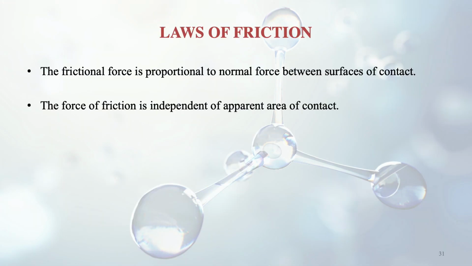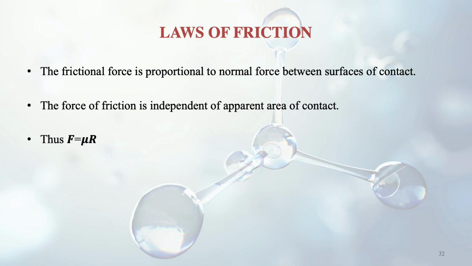And the second point is that the force of friction is independent of the apparent area of contact. So this force of friction is actually not dependent on the surface area of the surfaces which are in contact with each other. This area of these surfaces doesn't affect the force of friction.